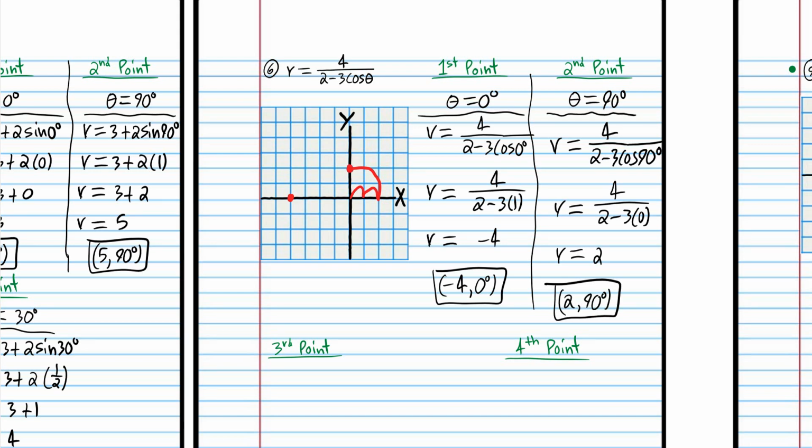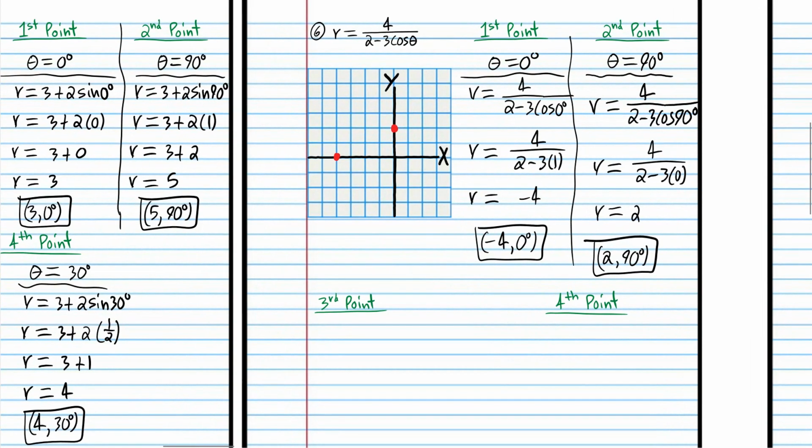So now all we have to do is find 2 more points. Maybe we can try negative 90. We'll see if that works. The only reason it wouldn't work is because it might give us the same point that we already graphed.